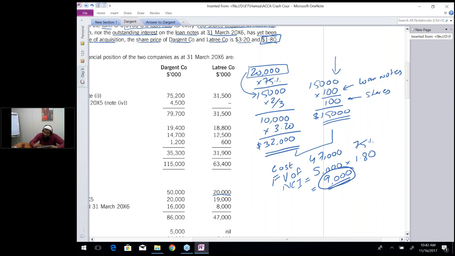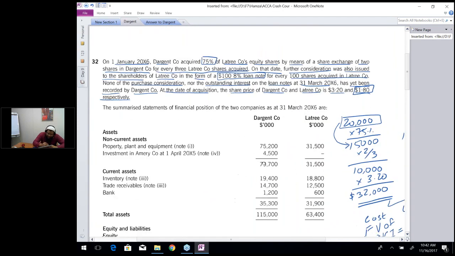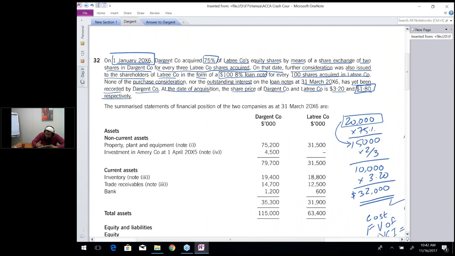So that has become that we have issued $15,000 loan notes. And we have done all this on 1st January 20x6, and our year end is 31st March 20x6, which makes it 3 months. So we have acquired the subsidiary 3 months before the year end.